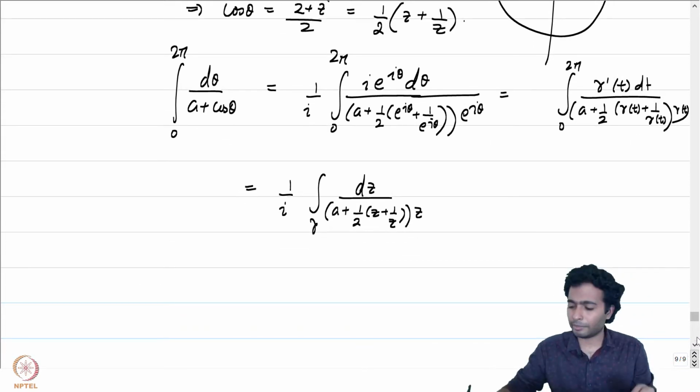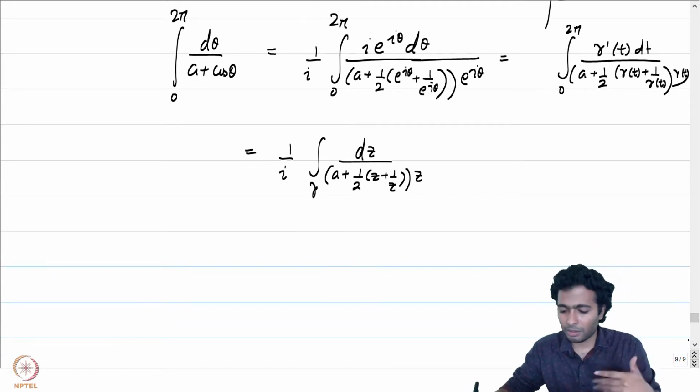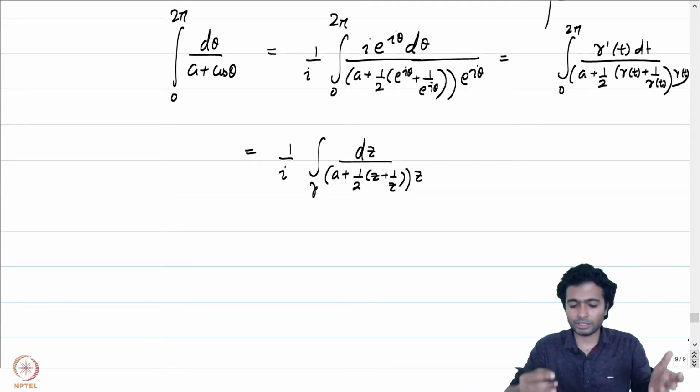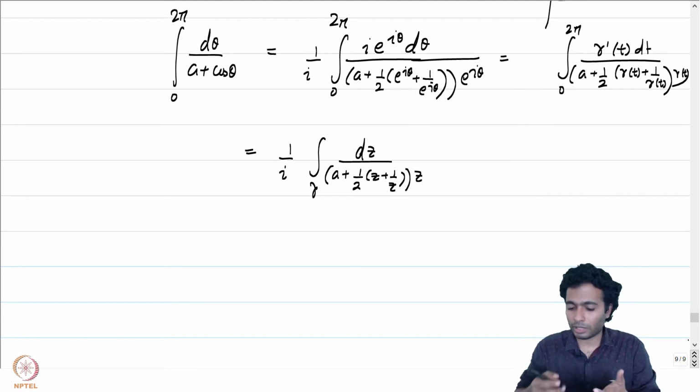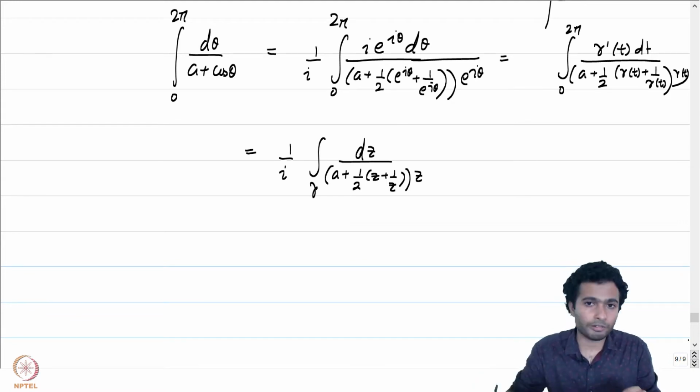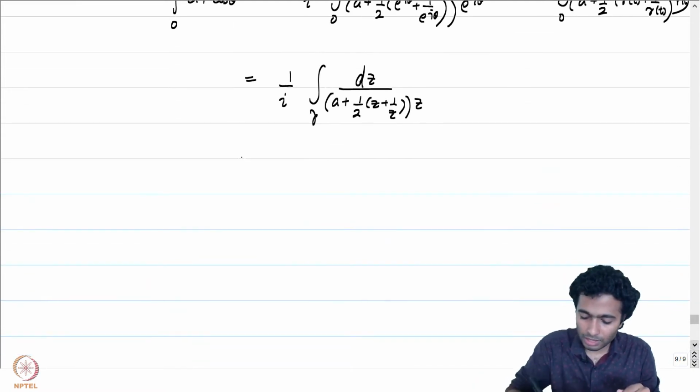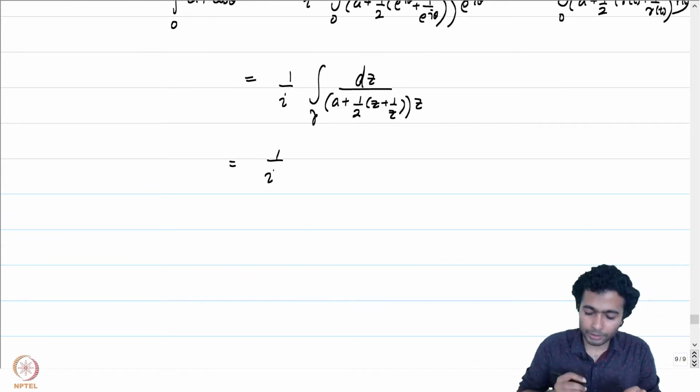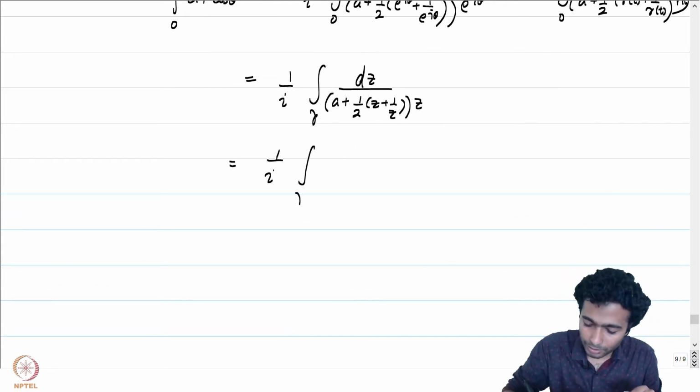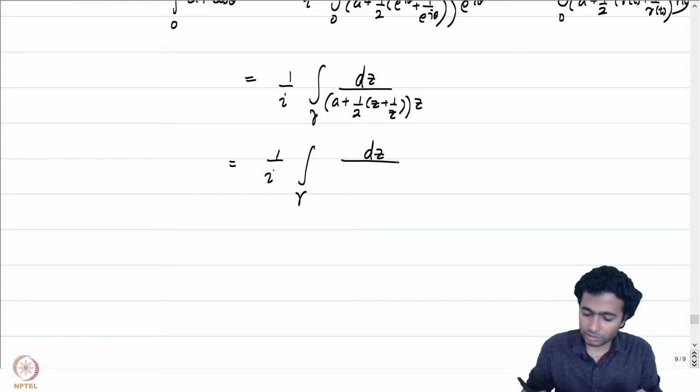Till now we have not done any major calculations, we have just done some minor changes of variable, changing the integral into an integral along a curve in the complex plane. Now we have some really good tools with us to compute what happens to such integrals.